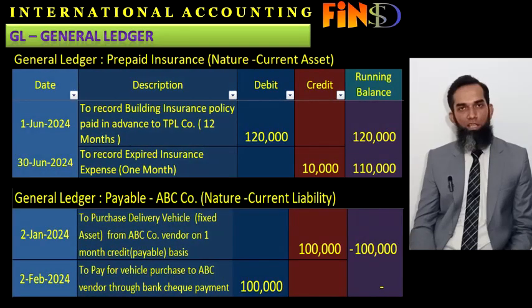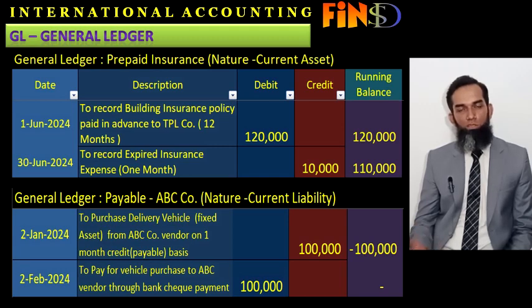So now the next ledger we are going to review is prepaid insurance as a separate ledger. Prepaid insurance was acquired for rupees 120,000, and because it was acquired on 1st June 2024, one month of insurance has now expired.